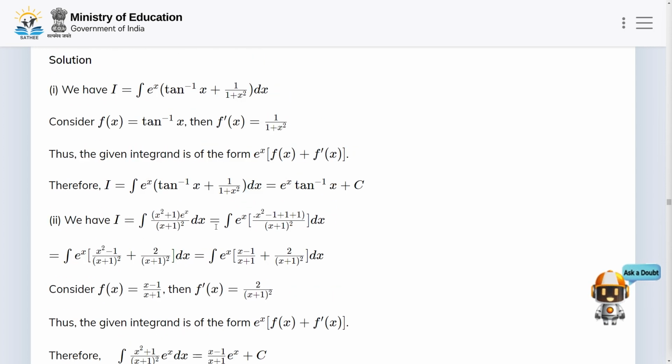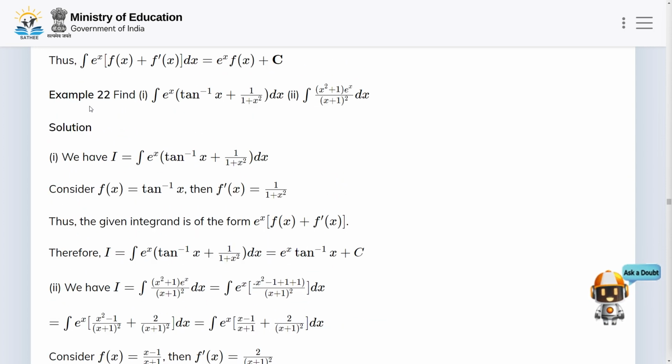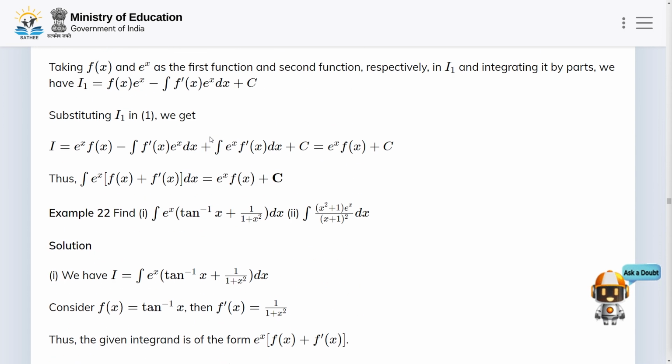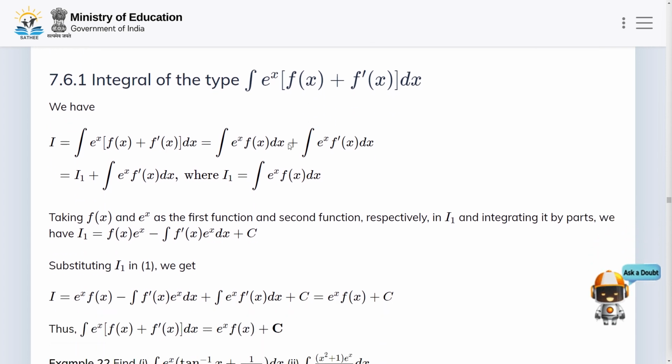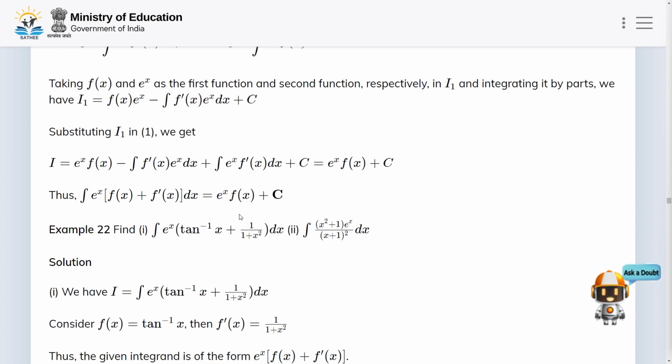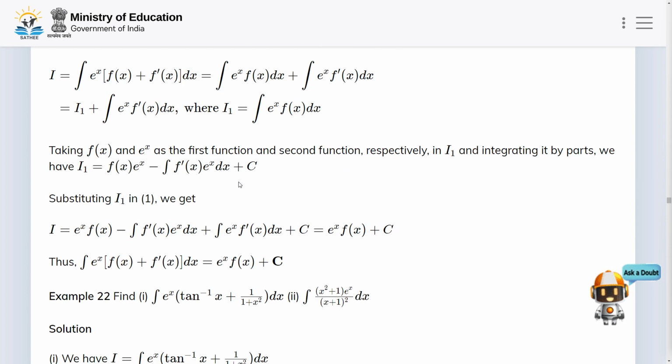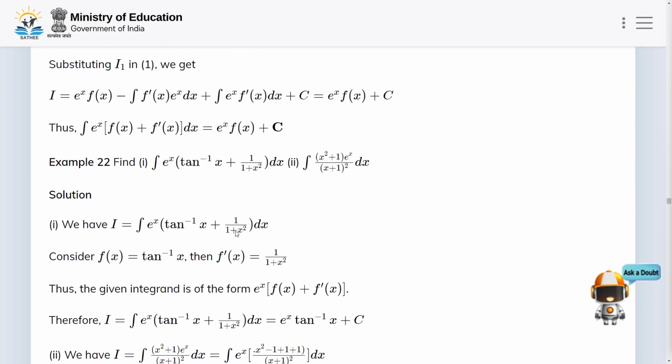Okay, now as you can see, example 22 has two parts, we have to evaluate the integration. So the first is e^x multiplied by tan inverse x plus 1 by 1 plus x square. As you can see, this is of what form? This is of the form where f(x) is the tan inverse function, and the derivative of the tan inverse function is what? 1 by 1 plus x square.